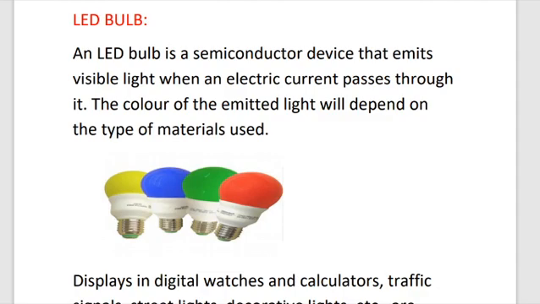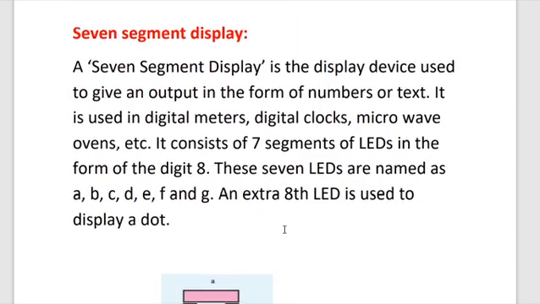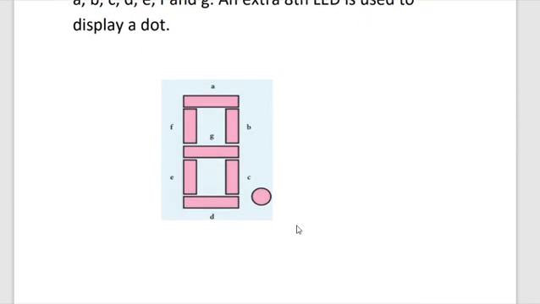How is the variety of colors possible? Through the combination of compounds like gallium arsenide and gallium phosphide. Then the next one, 7-segment display. A 7-segment display is a display device used to give an output in the form of numbers or text.